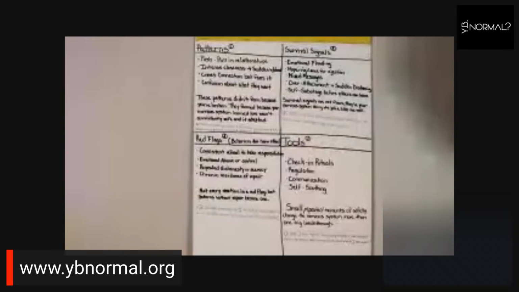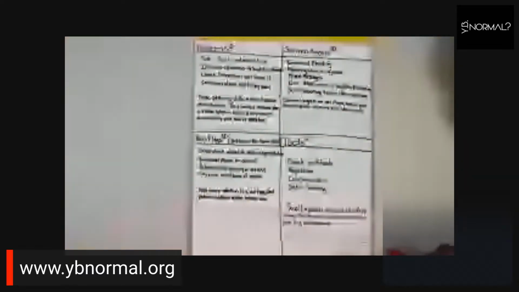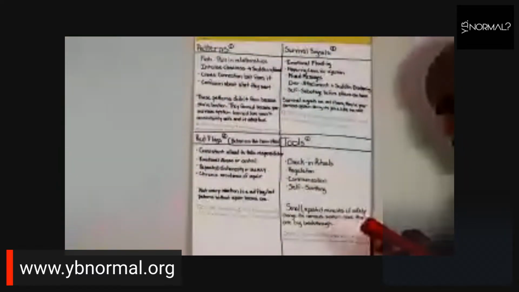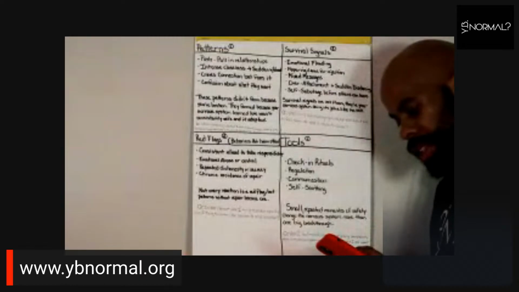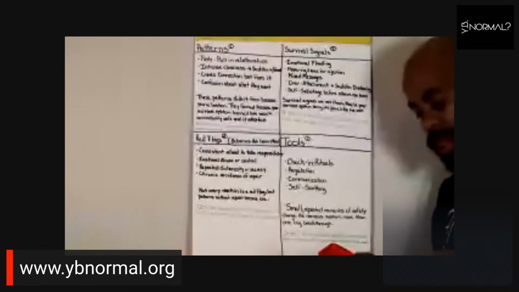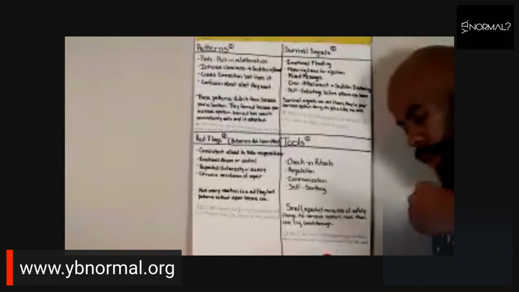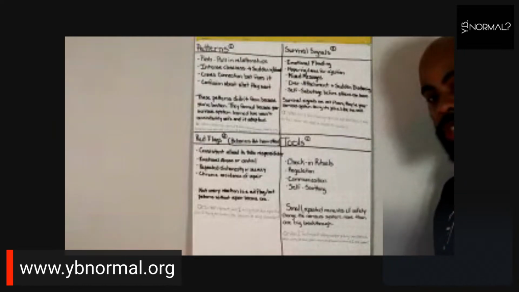Okay. So when we talk about the survival signals, number one, emotional flooding, this happens when closeness, conflict, or vulnerability exceeds the nervous system's capacity to stay regulated. What it feels like internally, or what an FA may be saying to themselves, is: too much emotion too fast.